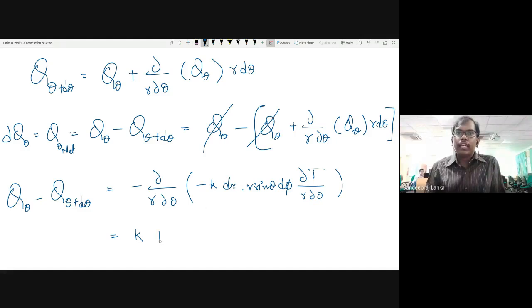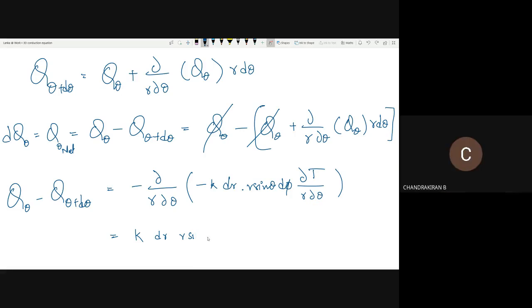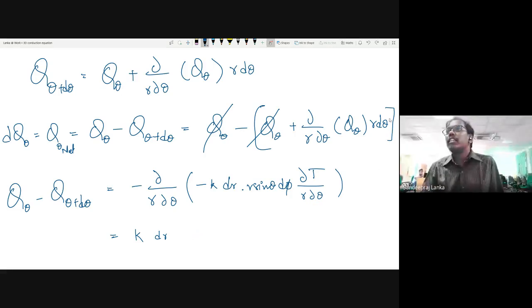For dv, I'll take dr outside, and r also I can take outside. So this will be r sine theta. Instead of writing r sine theta first, I'll write r into d theta first, since this is outside, you can directly take it here, r d theta, and then here r sine theta into d phi is there.